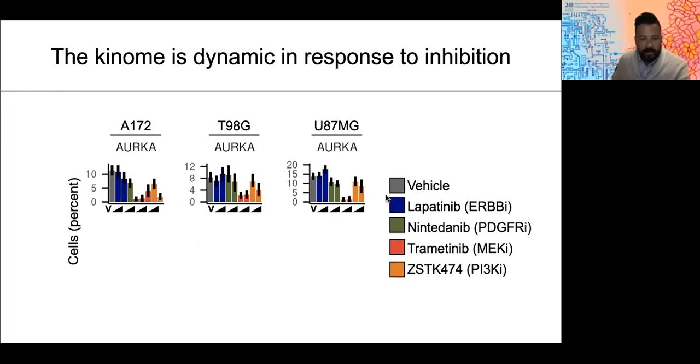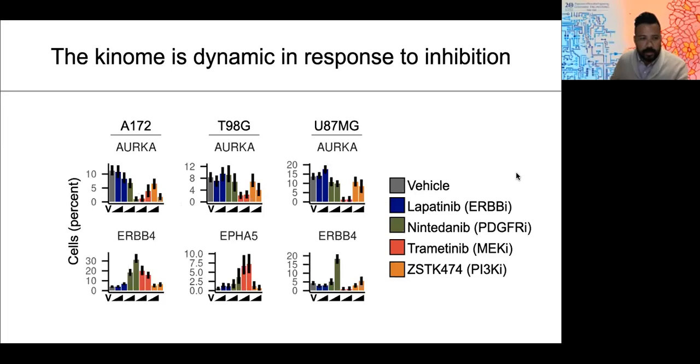Now, we also identify multiple kinases that have cell type dependent changes in expression. So here I'm showing you a couple of other examples. Here I'm highlighting ERBB4 or HER4, an EGFR family member that is significantly upregulated in the presence of the PDGFR inhibitor nintedanib. It also does this in the U87MG cell line.